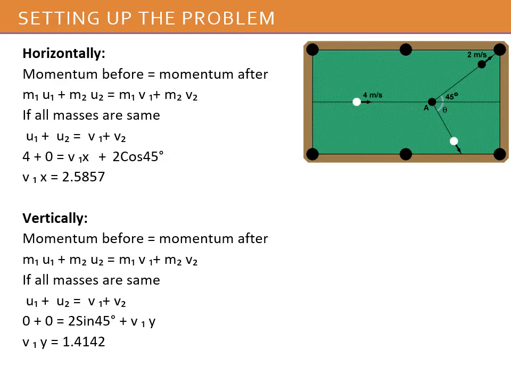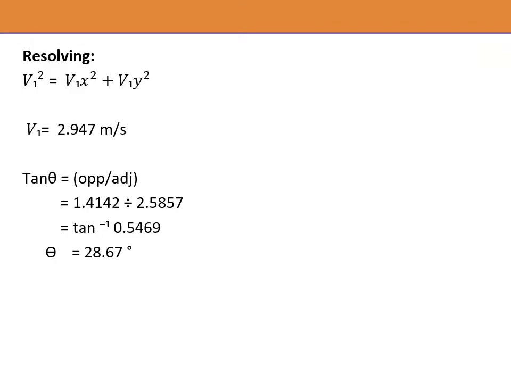Now we have the x component of V1, the white ball velocity, and the y component of the white ball velocity. Now by using the Pythagoras theorem, we will resolve it. When you do a little calculation, we are very familiar with the Pythagoras theorem, you will get this answer.